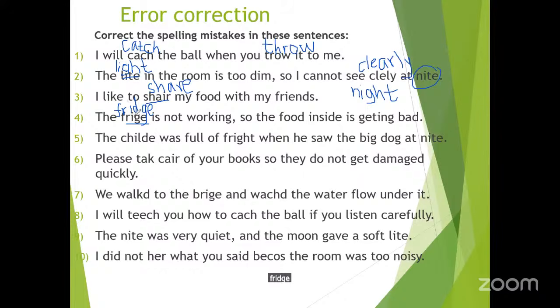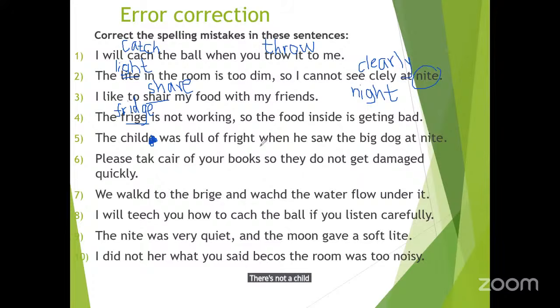I hope you can see what I've written. What's the next one? The next one is child, number 5. There's no E in child.